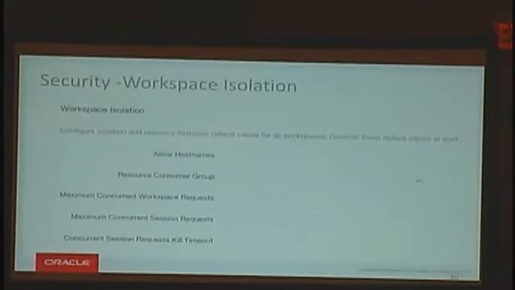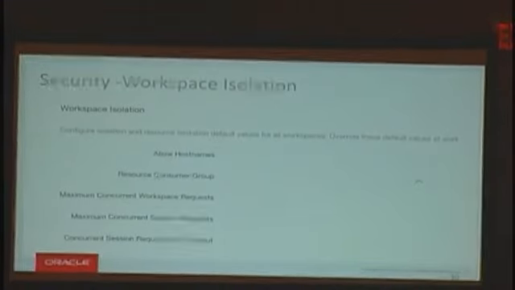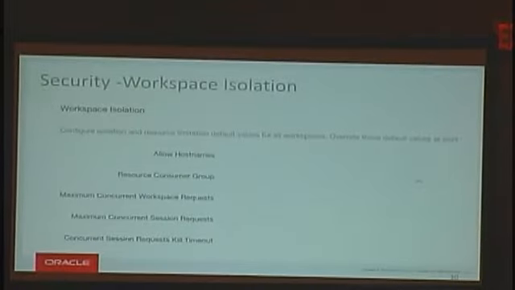If you don't specify a session request kill timeout, they will see an error message that the maximum number of database sessions has been reached. If you specify a kill timeout here, we will kill the old sessions automatically for you, and the current session which the user just requested will be executed. So just have a look. I think it's an interesting feature.